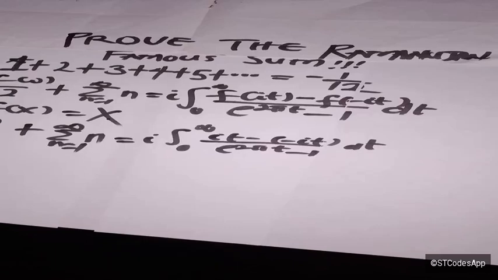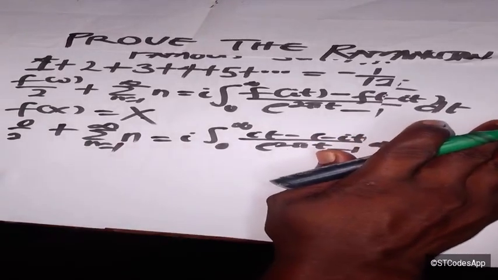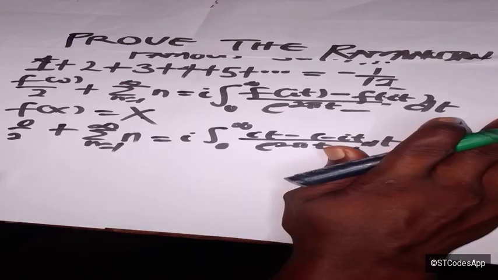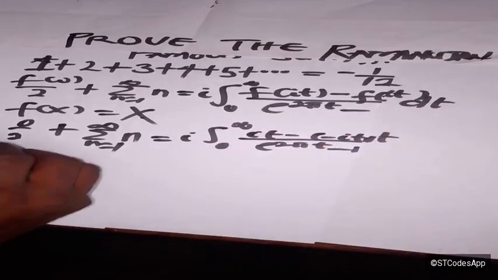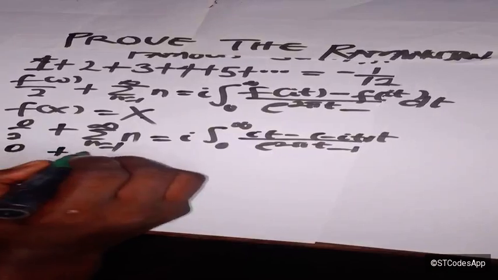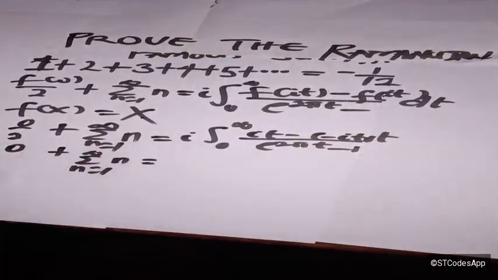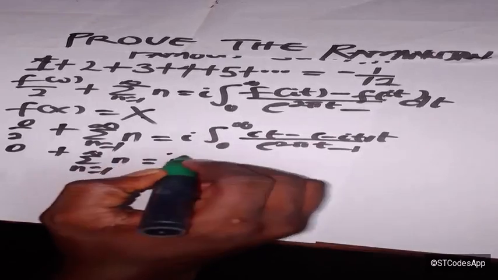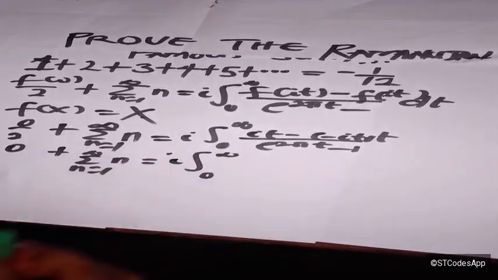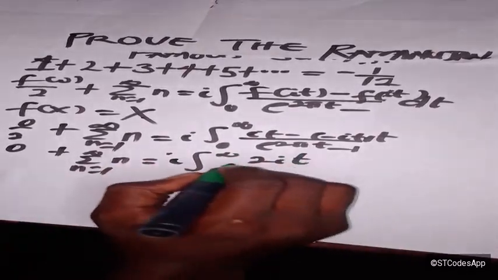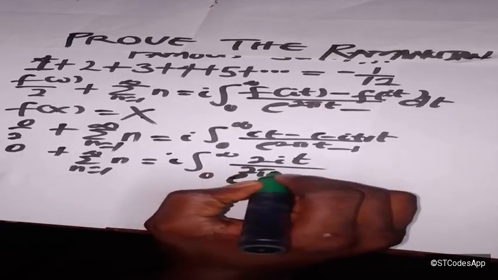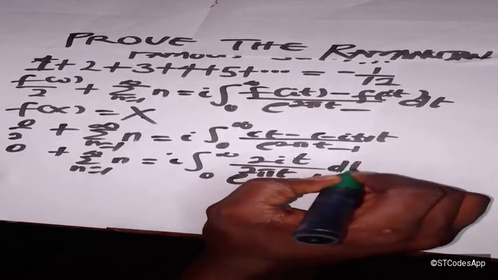Okay, so let's move on. 0/2 is just 0. So this is 0 plus the summation of n from 1 to infinity of n is equal to, it minus minus it, that is, plus it. So that will be i multiplied by the integral from 0 to infinity of 2it over e raised to the power of 2πt minus 1 dt.